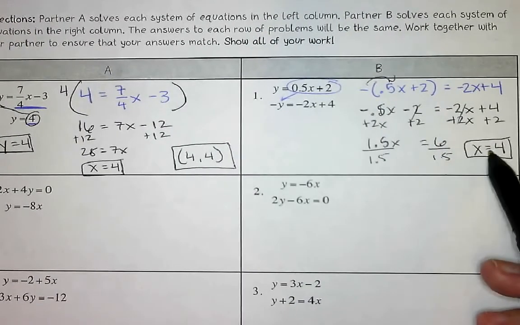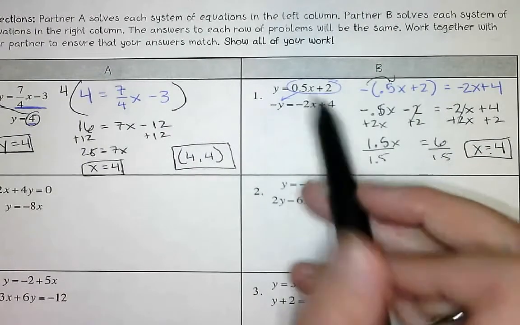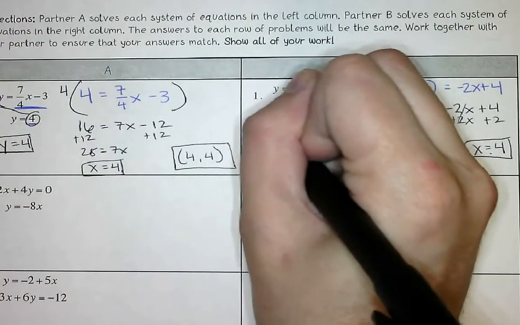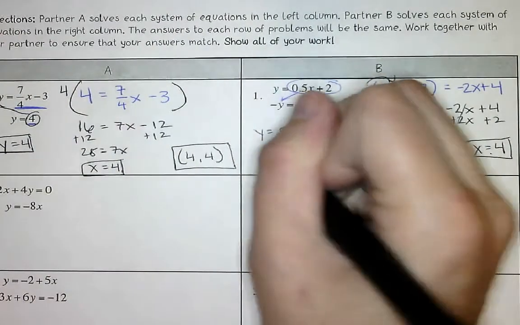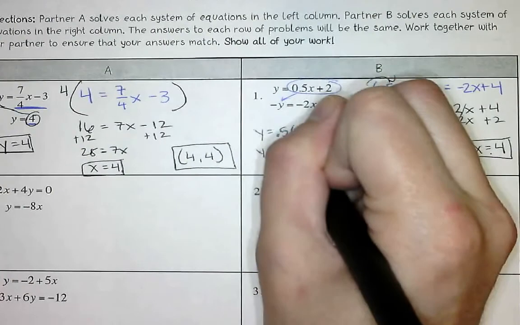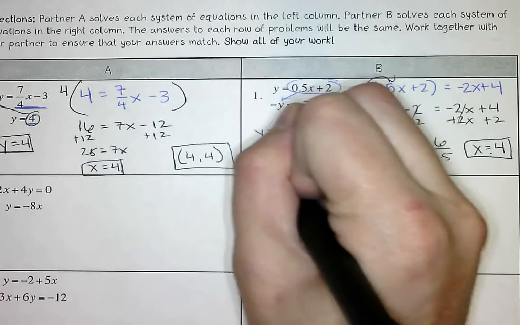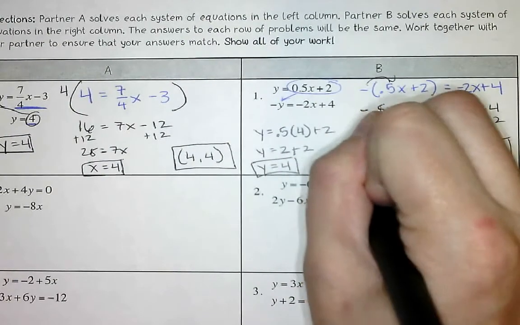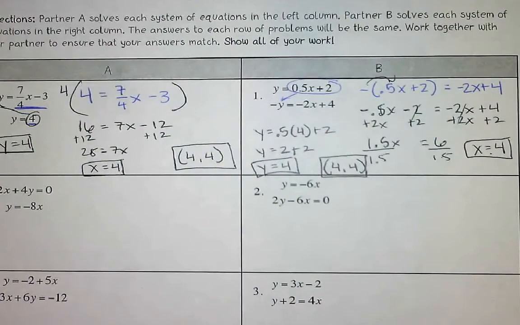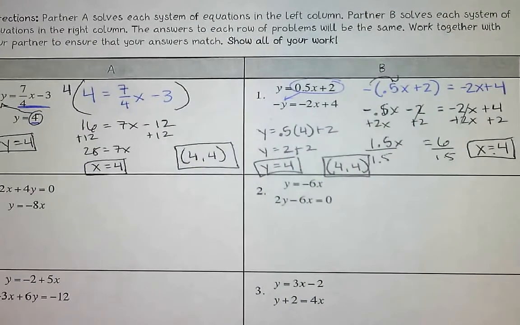So y is equal to 0.5 times 4 plus 2. So y is equal to 2 plus 2, which y is also equal to 4. So you will see you will get the exact same answer on the right side and the left side. So the answer for number 1 is 4. And that kind of helps us see how we can solve there. So I did both of them, but you only need to do one side, either the A or the B side. All right, good luck.